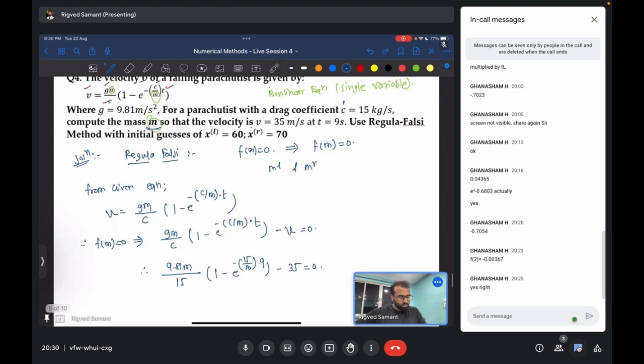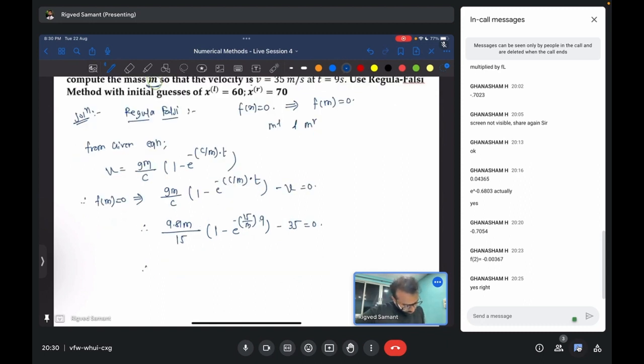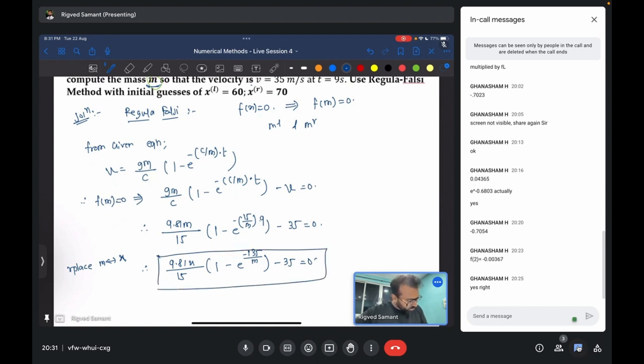So for easier purposes, we'll replace m with x, so it will be easy for you. 15 into 9, minus 135 divided by m. So this is your f of x equal to 0.